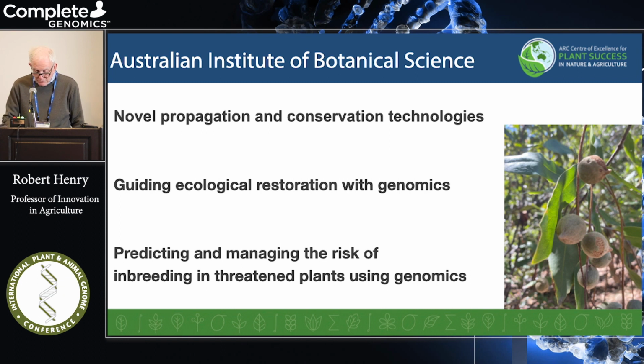But as I said, we're also using it to support conservation, and the exciting application for me is that now when farmers or land care groups, as we call them in Australia, are working on restoring rainforests and replanting them, we're actually guiding them by using genomics to sequence all of the possible seed sources so that we ensure that when trees are planted in the forest, they retain at least 95% of the allelic diversity that exists in the wild populations.